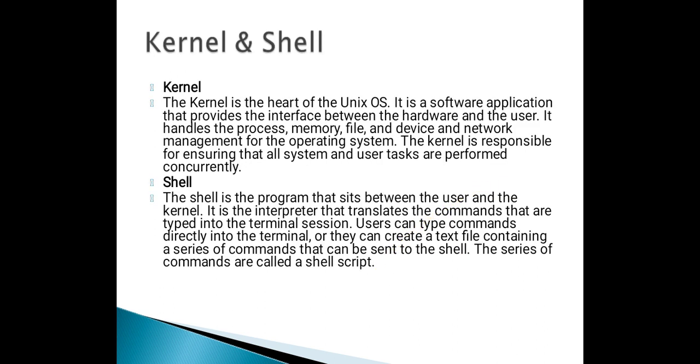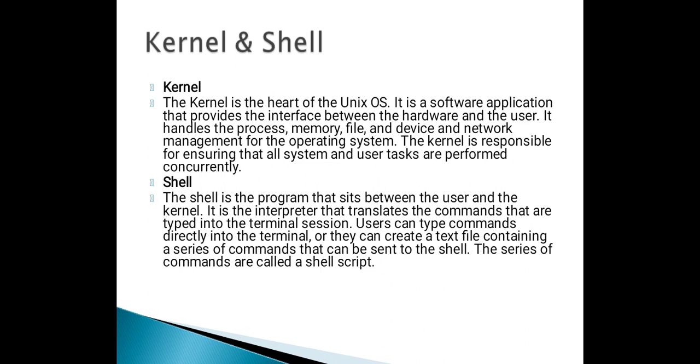The next topic is the differences between kernel and shell. You must know these differences, because the shell is a separate one and the kernel is a separate one, and how these two process and manage things in your operating system matters. The kernel acts like the heart of the Unix operating system, and the shell is the program which sits between the user and the kernel.